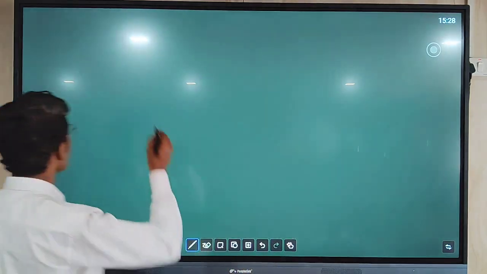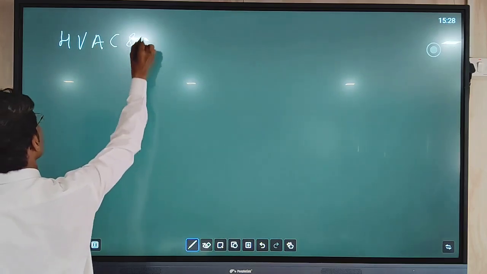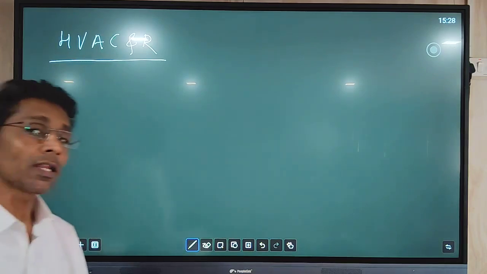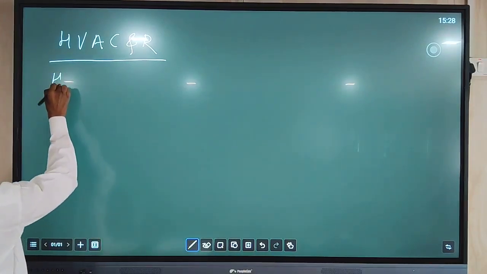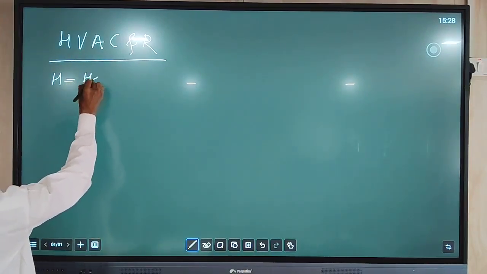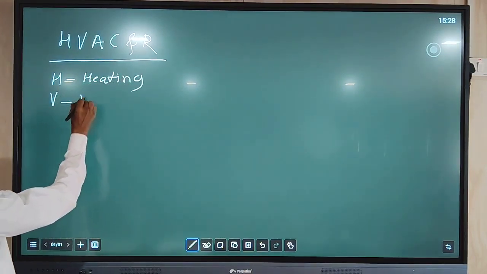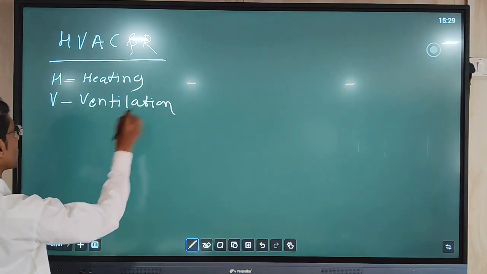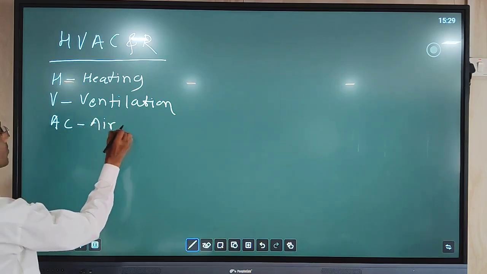We will study here an overview of the subject. HVAC R is studied in the final year of mechanical engineering. Its full form is heating, ventilation, air conditioning, and refrigeration.